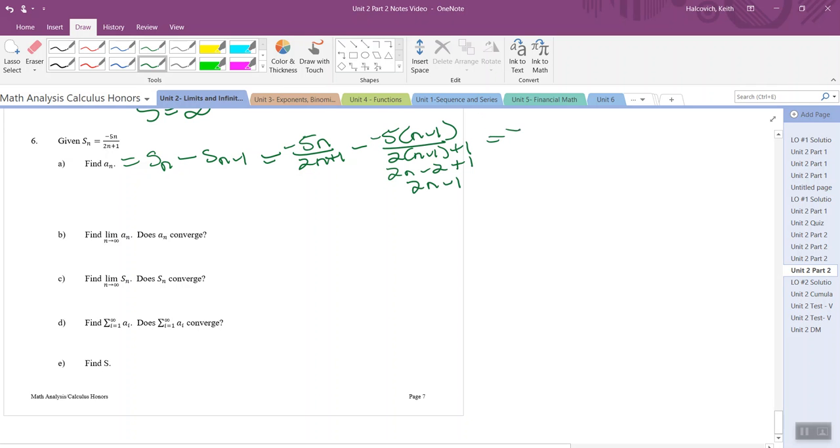So it's equal to negative 5n times 2n minus 1. This would be negative 5n plus 5. So it's going to be minus negative 5n plus 5 times 2n plus 1 all over 2n minus 1 times 2n plus 1.